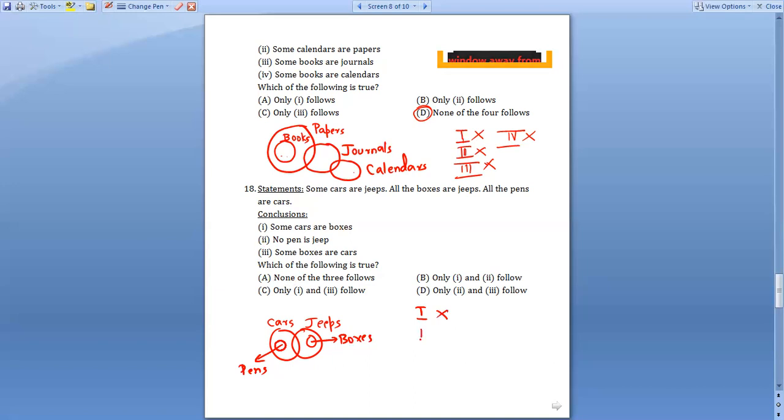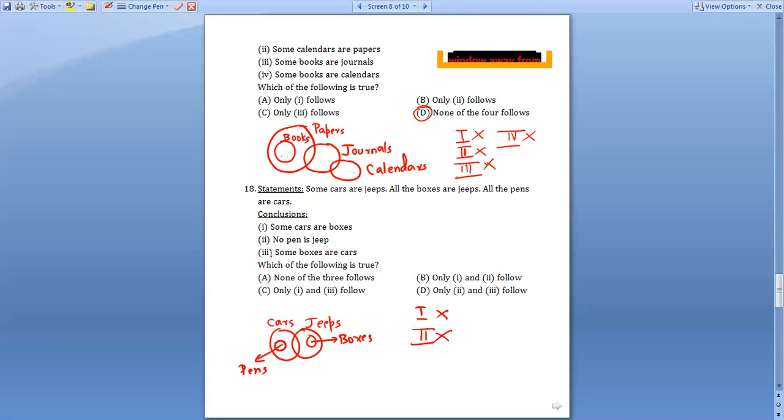Conclusion 2, no pen is jeep. Definitely not, because the given statements are positive in nature and we cannot draw a negative conclusion out of a positive statement. So without looking into the diagram, you can say that this conclusion doesn't follow because it's a negative conclusion.